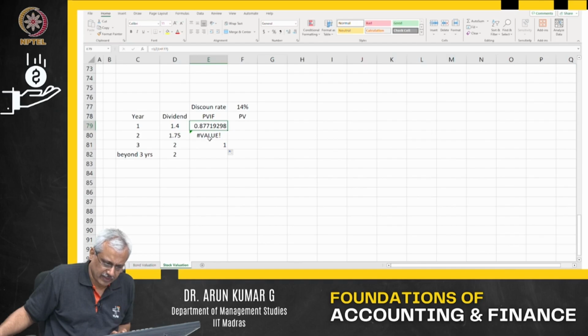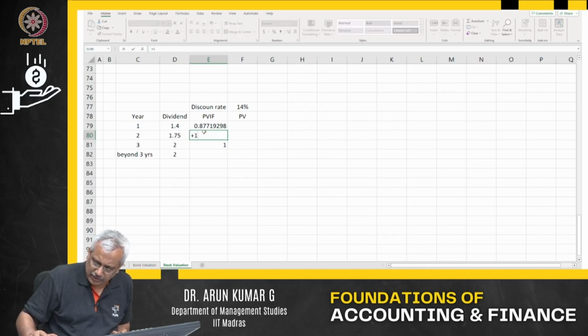In this particular case, 1 divided by 1 plus 14% to the power of 2 out there, and that is what it is.